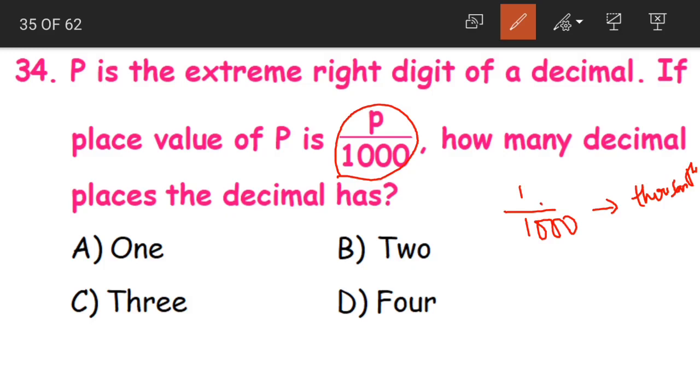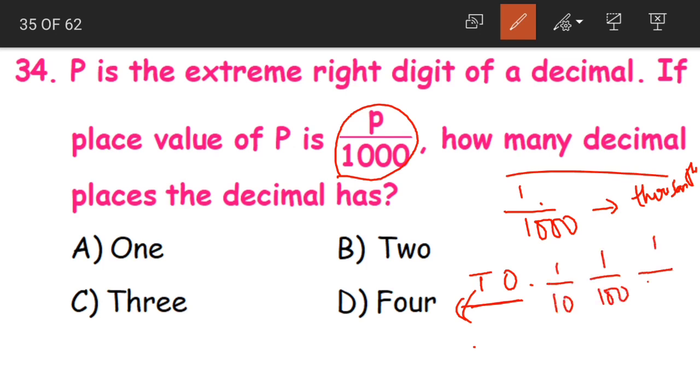Understood? So this means that our decimal number has, suppose tens, ones, we don't know how many places it has in the whole number part, but in the decimal part we know for sure that it has tenths, hundredths and thousandths place. Yes, this is our last digit. They are saying that this thousandths digit is the last digit in the decimal number. So how many decimal places does it have, children?